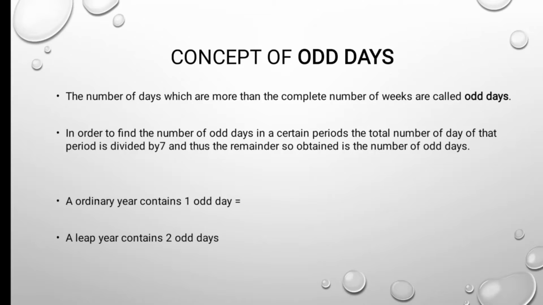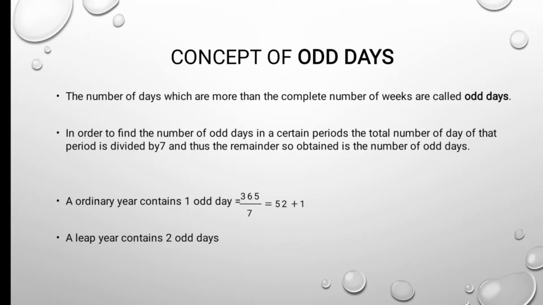How? Because in an ordinary year, a non-leap year, the number of days are 365, and when 365 is divided by 7, the quotient is 52 and the remainder is 1. So 1 is the number of odd days in an ordinary year, which is a non-leap year.